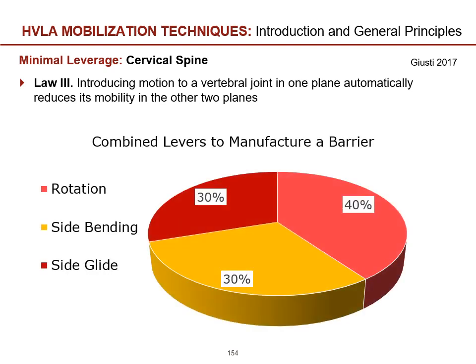Okay, so in the example previously given, where you have someone that has a little bit more mobility of their spine, in order to prevent going to that deeper range or end range where you have your barrier leveraging, you would want to add a tertiary lever.